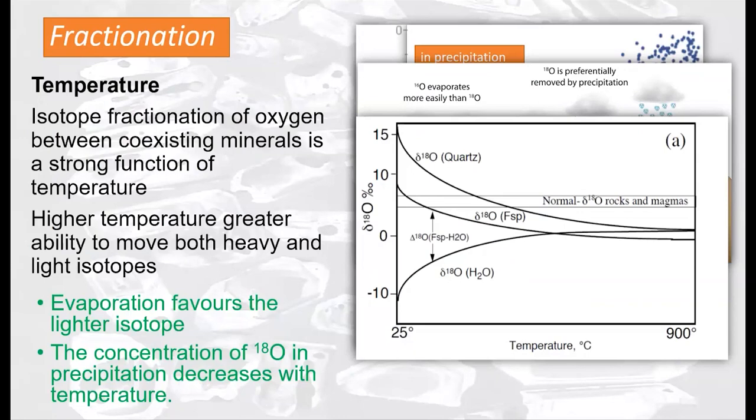At lower temperatures, there is less energy and the degrees of fractionation are much larger. That means lower temperature, near Earth's surface processes are more likely to fractionate oxygen isotopes. So when you get to higher temperatures, the signature in the water will equilibrate with the signature within the minerals, whereas at lower temperature there will be a bigger deviation.